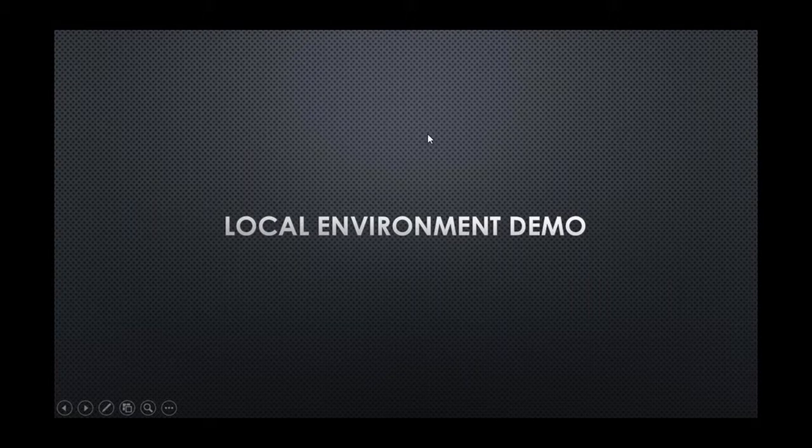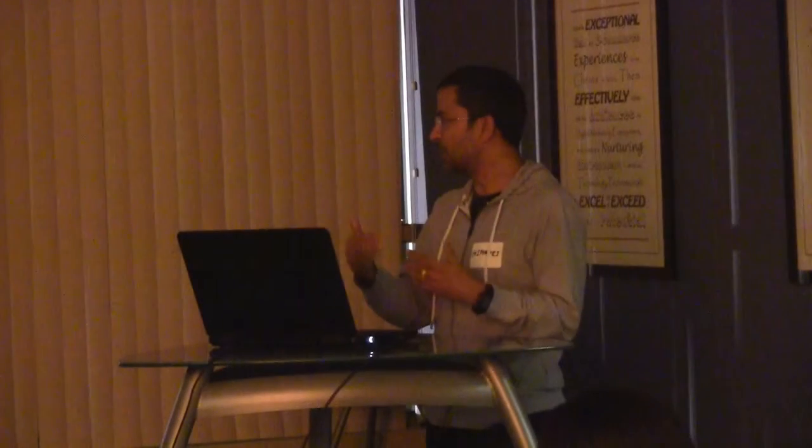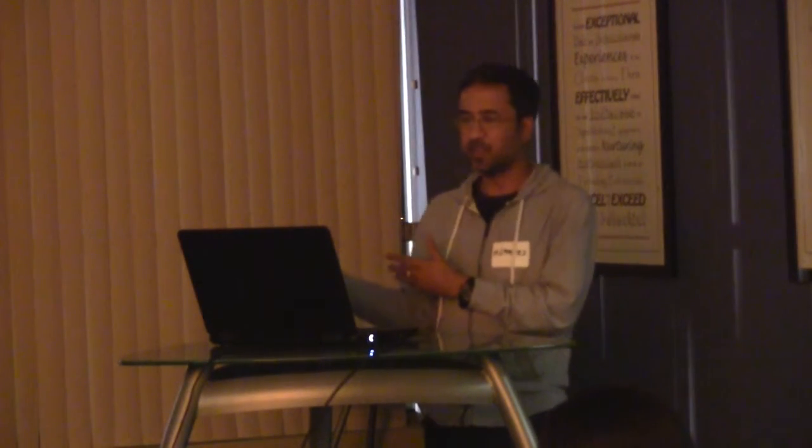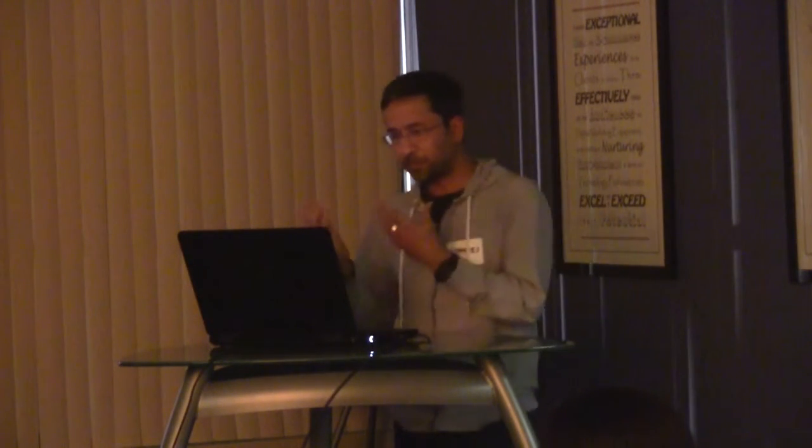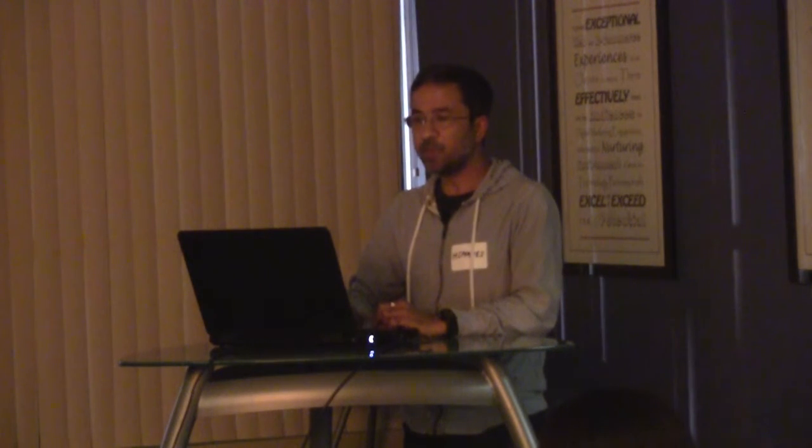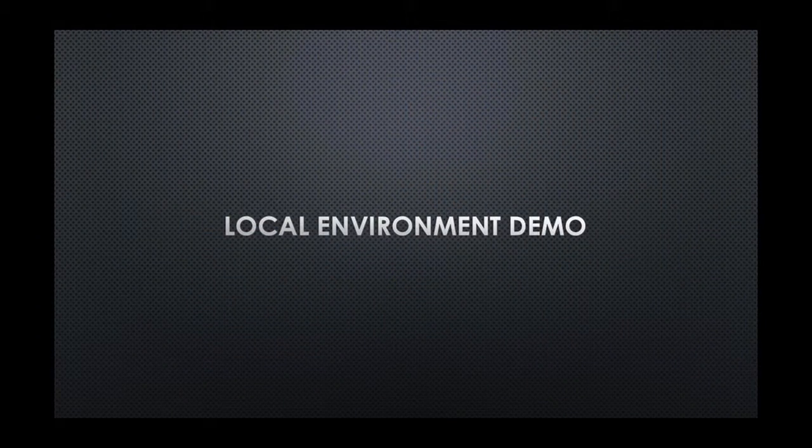So what I'm going to try now is, as I was showing you that flow of what developer 1 does and what developer 2 does, I will demonstrate that using my local environment. That will be the local environment demo.